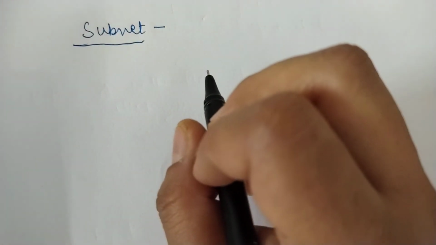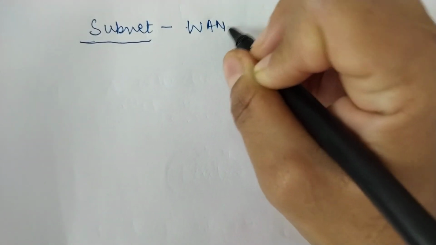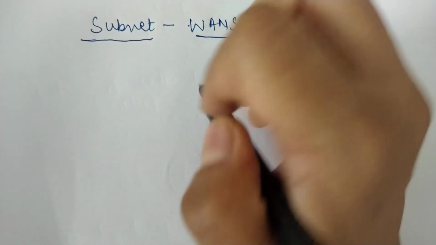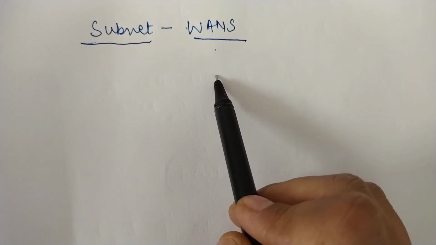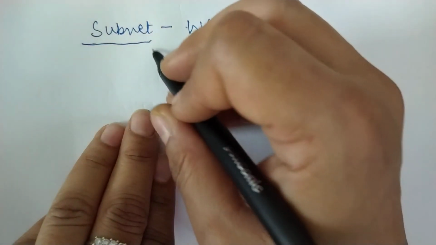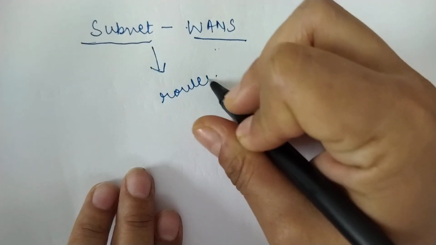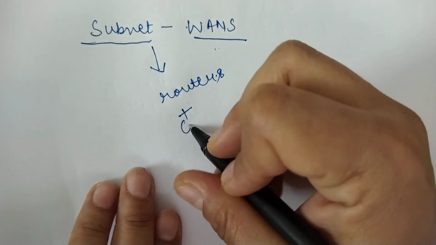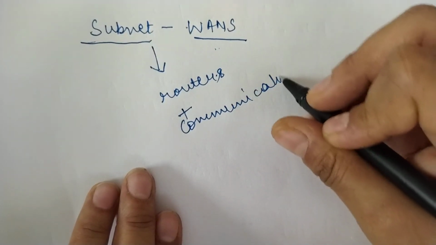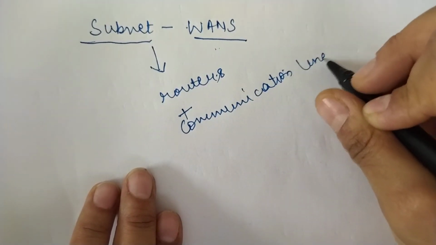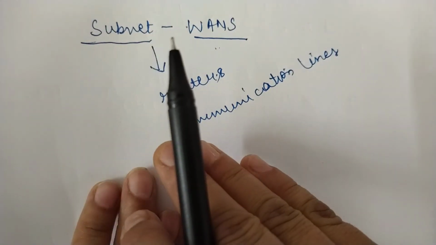A subnet is used mostly in the context of WANs, where it refers to the collection of routers plus communication lines. So a subnet most of the time is used in case of WANs.